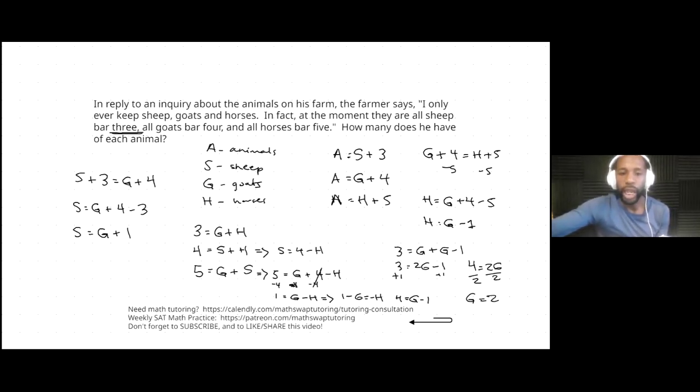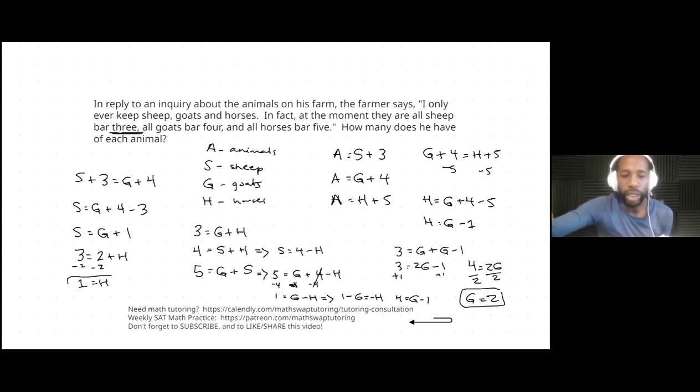Now we can take this for G and plug it into anywhere we see G to get the number of the other animals. So let's plug it back into this equation. 3 is equal to G, but instead of G, we have 2 plus H. Okay, minus 2, it's 1. So we have 1 horse.